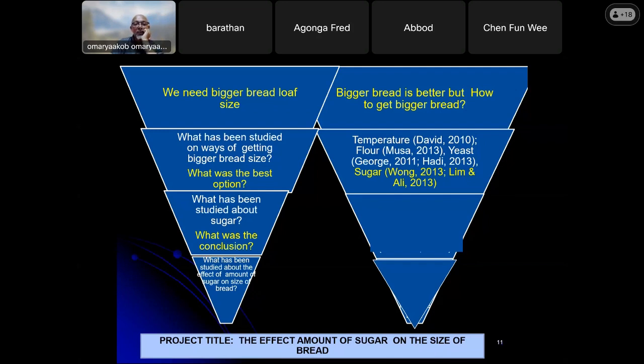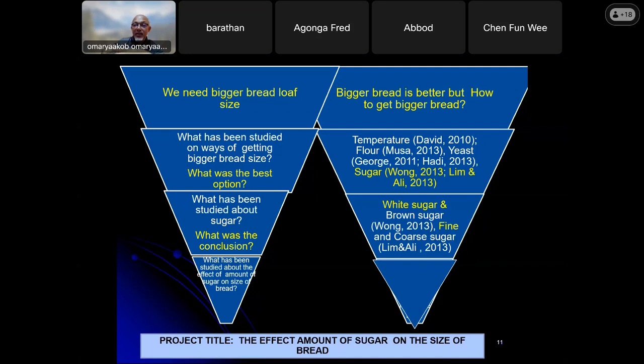Now, what has been studied about sugar? There are two studies about sugar, Wong and Lim and Ali. Wong studied white sugar versus brown sugar, and Lim and Ali compared fine and coarse sugar.